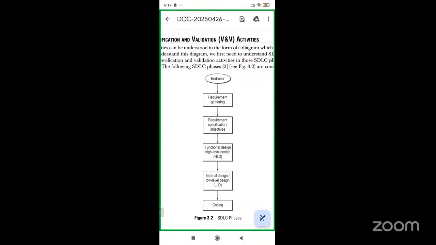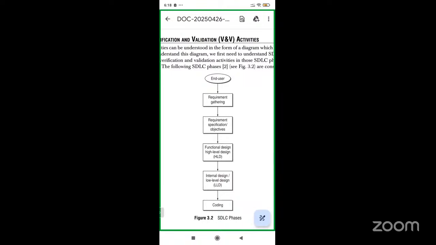Then they go for the functional and high level design of that particular product. Then they go for the internal design, that is, after functional level designing, they go for the internal functionalities. Within those functionalities, how many modules or sub modules can be included, those levels of inclusion are also done with the help of our SDLC phases.